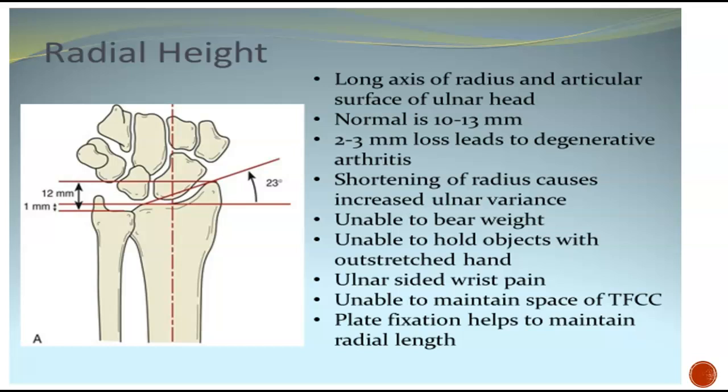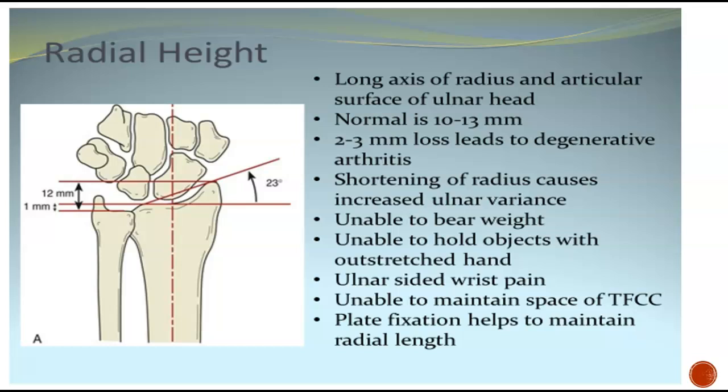On the other hand, if you have ulnar impaction or ulnar plus variance, this can lead to a painful grip, a lessening of pain if you perform a grip in a supinated position. This is due to the fact that if we are performing a grip with the forearm in a supinated position, it actually decreases the force on the ulnar carpal side, and thus not provoking as much pain in the wrist.